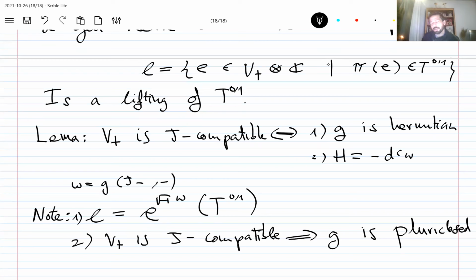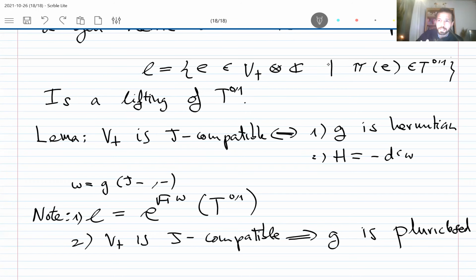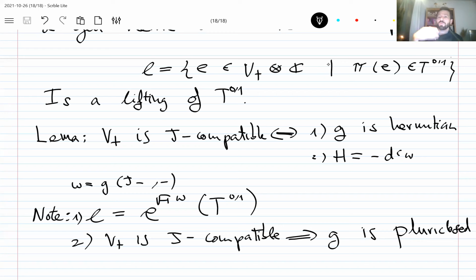And there is a converse to this: if you are given a pluriclosed metric on a compact complex manifold, or on a complex manifold, you can construct a Courant algebroid given by taking H minus dc omega with a lifting, with a generalized metric which is J compatible. So given a pluriclosed metric, you can construct a J compatible generalized metric on a suitable Courant algebroid determined by the torsion.